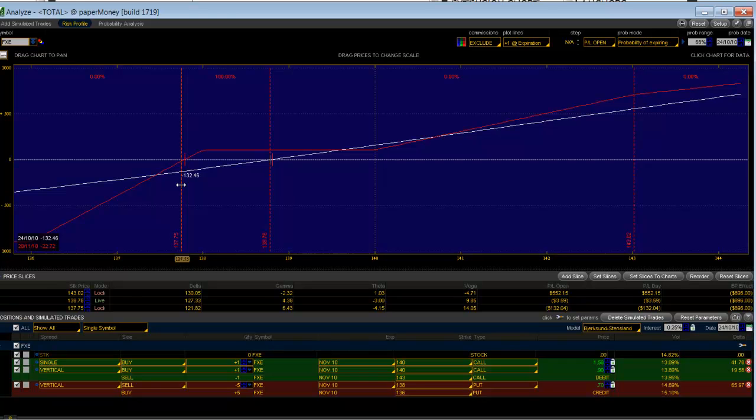But in the main, if we set our stops there, a contingent order at 137.75, our managed risk would be $131. And if we hit our target tomorrow, then our profit would be $553.